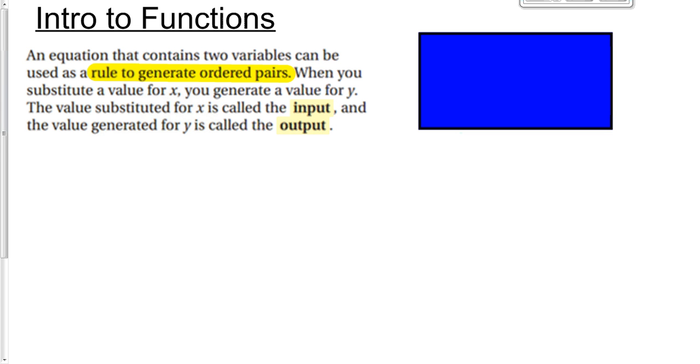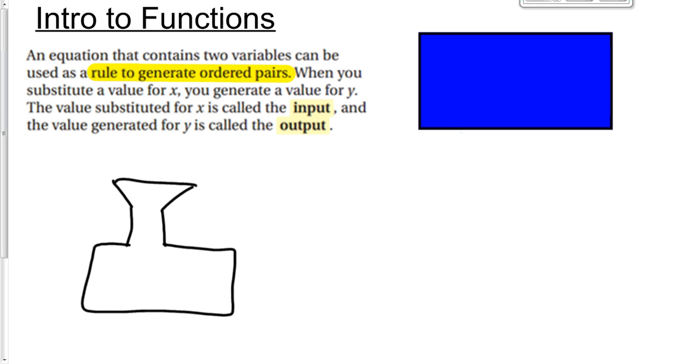All right, this is an introduction to functions. And the way that you've heard of functions before is probably something like a machine. So some sort of machine, the machine is the function.